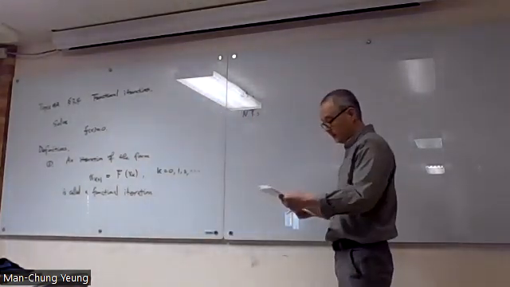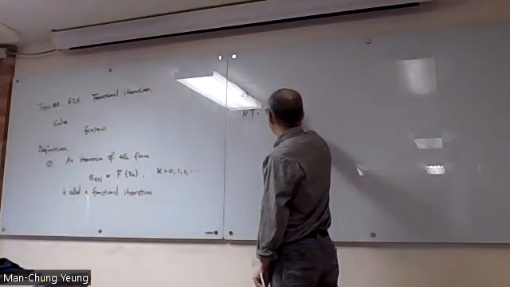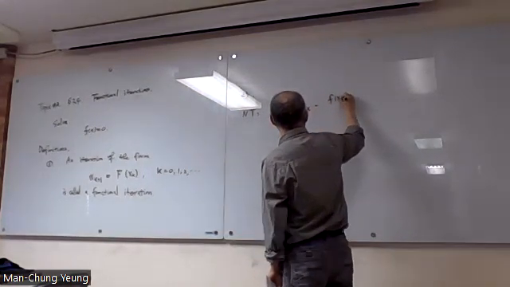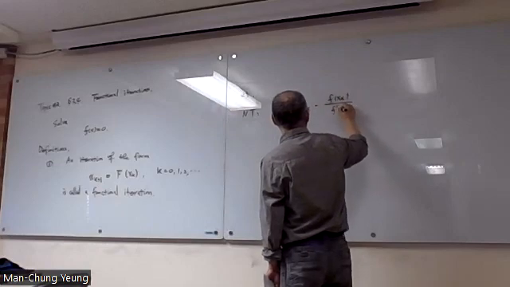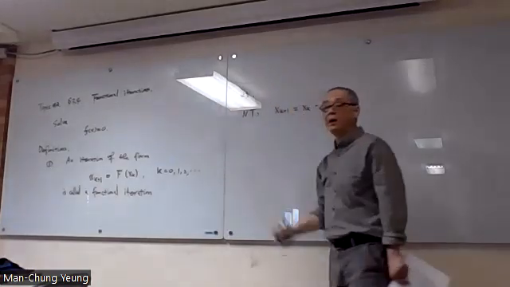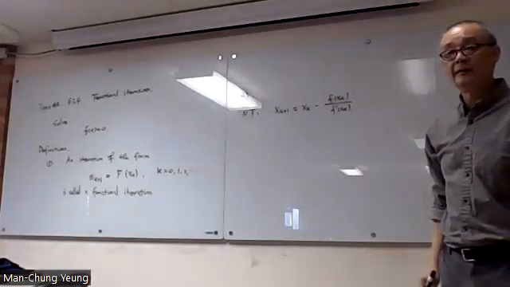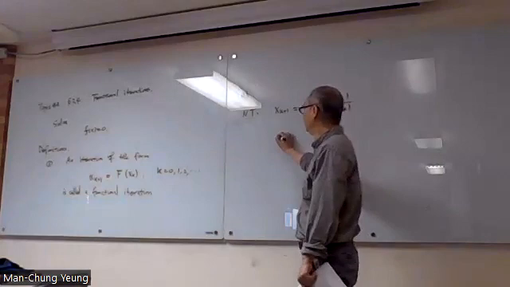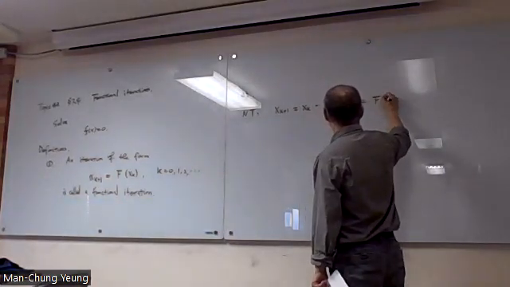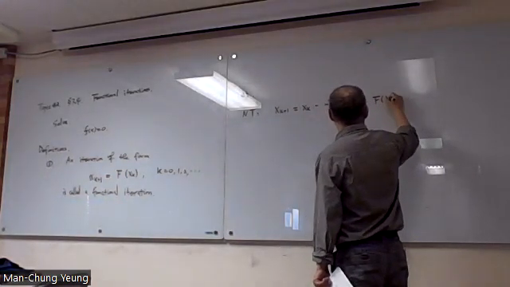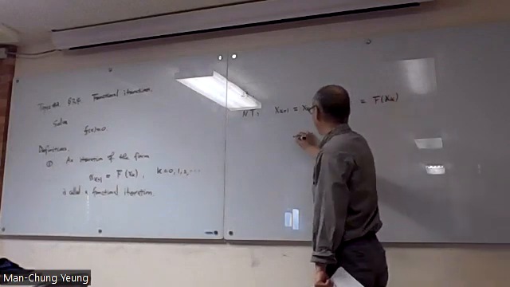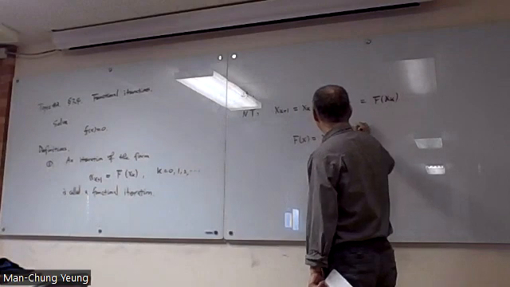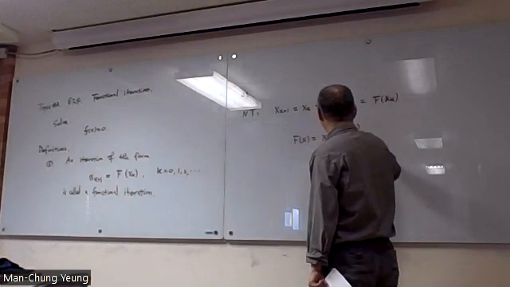What is Newton iteration? x_{k+1} equals x_k minus f(x_k) over the derivative f'(x_k). This is a functional iteration. Why? What is the capital F? Capital F is x minus f(x) over f'(x), this function.